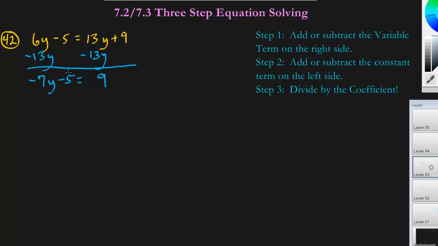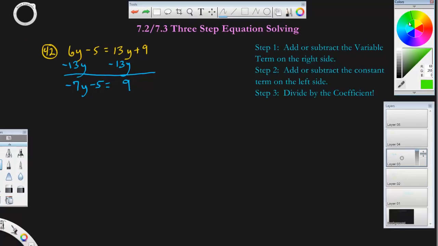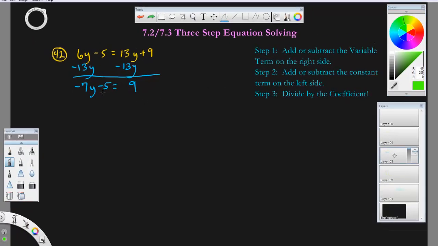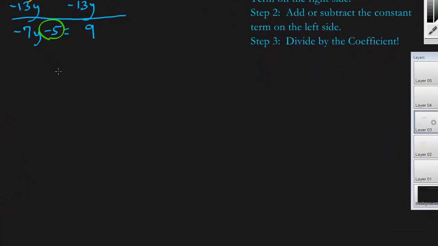So here's my constant term, in a different color. My constant term is minus 5. So I'm going to add 5 to both sides. Equal sign. Again, lined up perfectly there. Minus 7y. The 5's drop out because they become 0. And 9 plus 5 is 14.